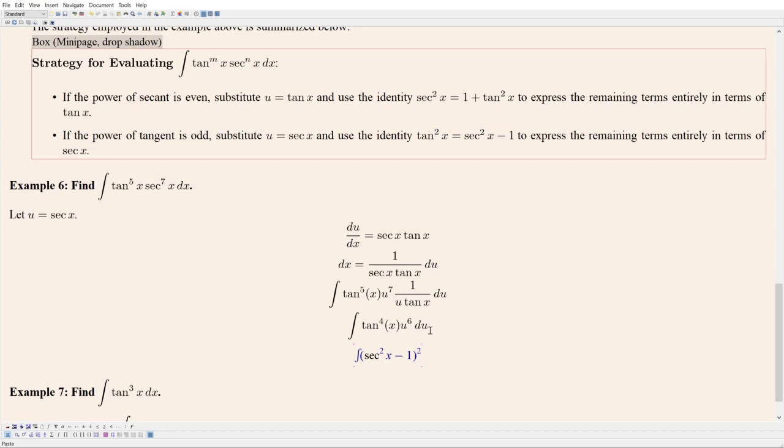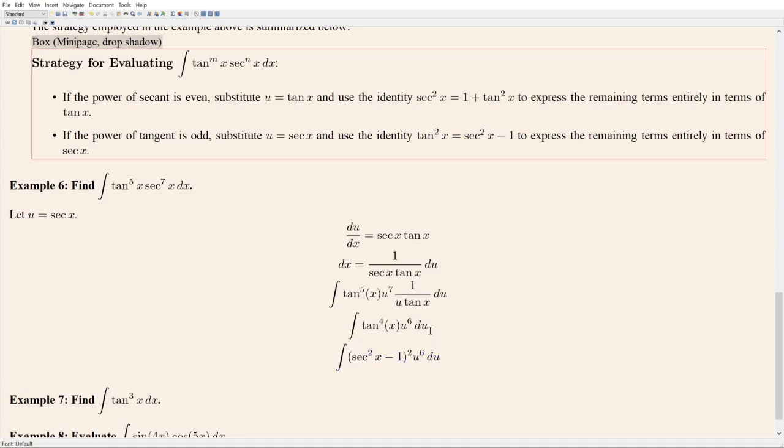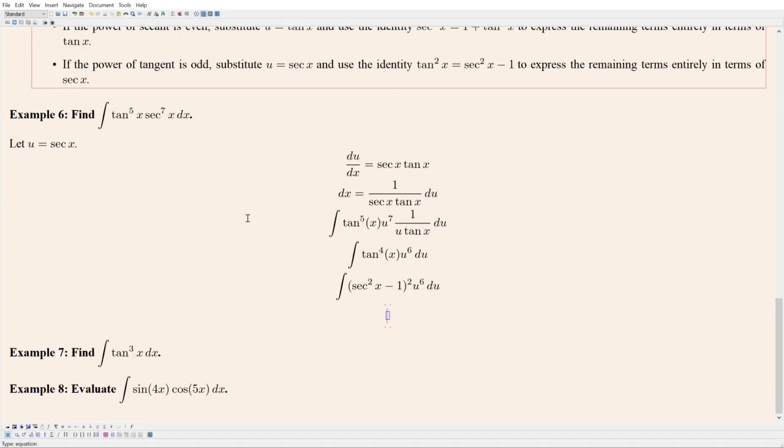So we have that. And then this is convenient for us because secant is u. So we have obtained an integral which is entirely in terms of u.